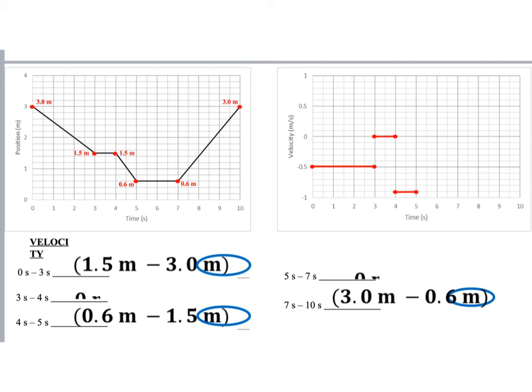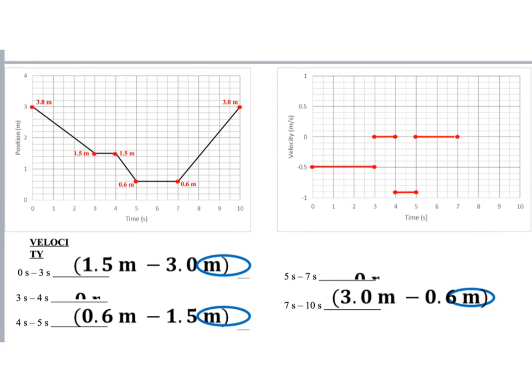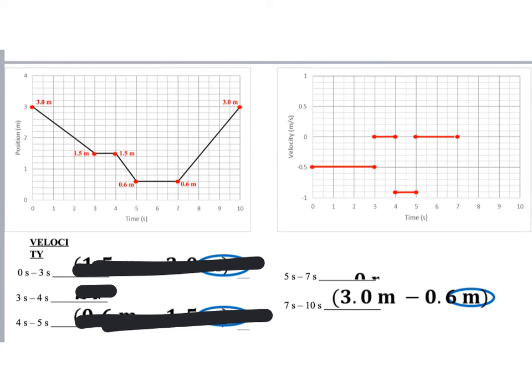After that, it was going a negative 0.9, so we add our piece of a line there. Excuse me. And then it stopped again for 2 seconds, so we add our piece of a line there at 0.